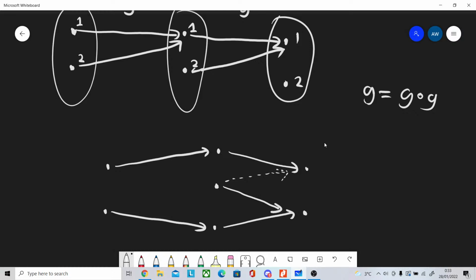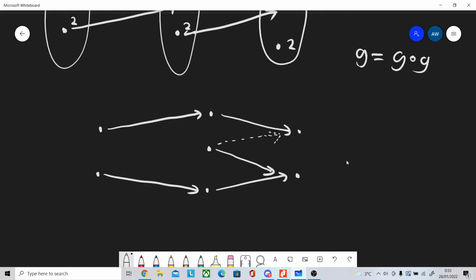Because the composition will not take into account this point in the middle over here, right? But this point needs a mapping because that's just the definition of a function. Everything in the domain needs to map into something, right? But if you take the composition, this is H, this is K, that really won't get taken into account.